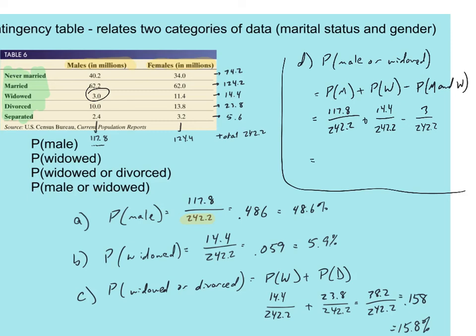All right, so we can do that addition and subtraction. Plus 14.4 minus 3 is 129.2 over 242.2.